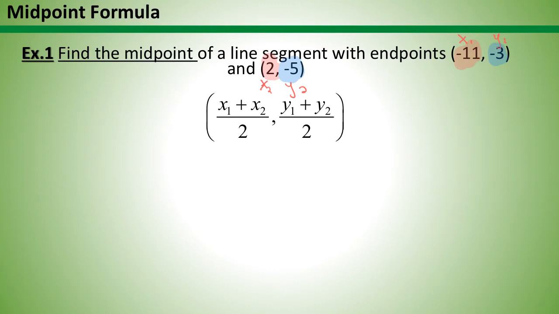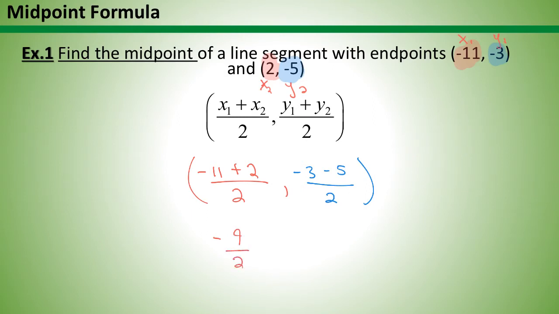All I'm going to do is add the x's together. So I've got -11 plus 2, divided by 2, keeping this parenthesis. And I'm going to add the y's together. So I've got -3 plus -5, so that's -8 over 2, keep that parenthesis there, and then just simplify. -11 plus 2 is -9, so we end up with -9 over 2 and -8 over 2.